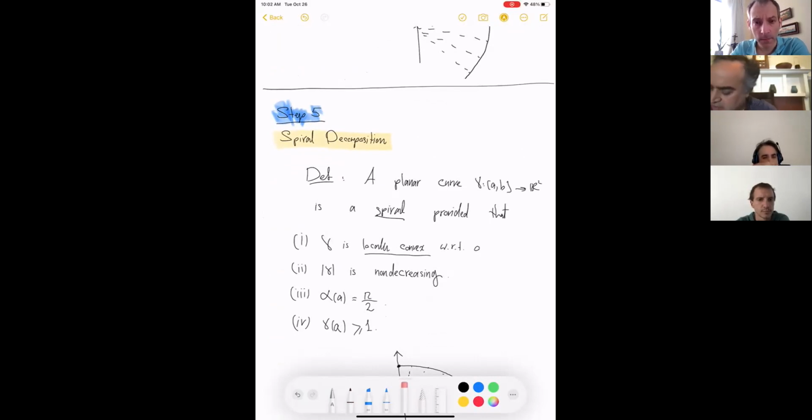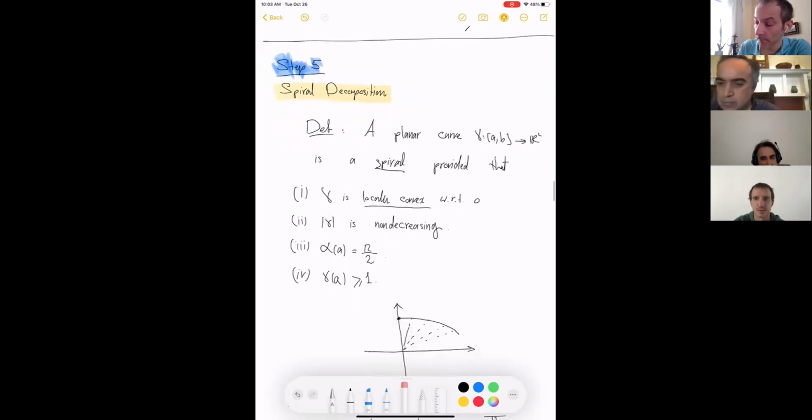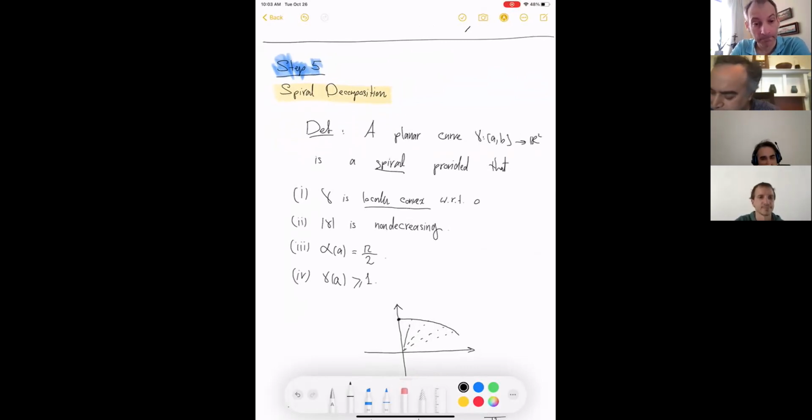So this is alpha of A. Alpha was the angle between the position vector and the tangent vector. So this is the initial angle. The initial angle has to be orthogonal. And gamma of A greater than 1 just means that the distance of gamma of A from the origin is more than 1. Yes, thank you.